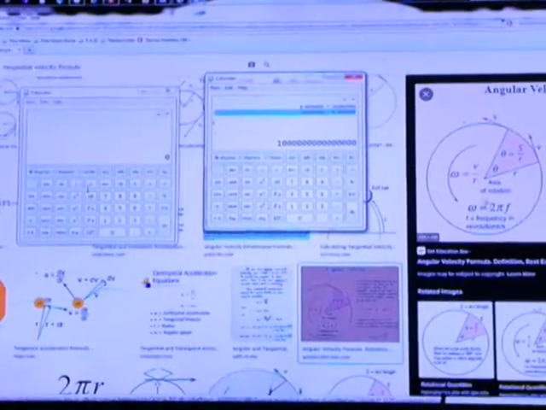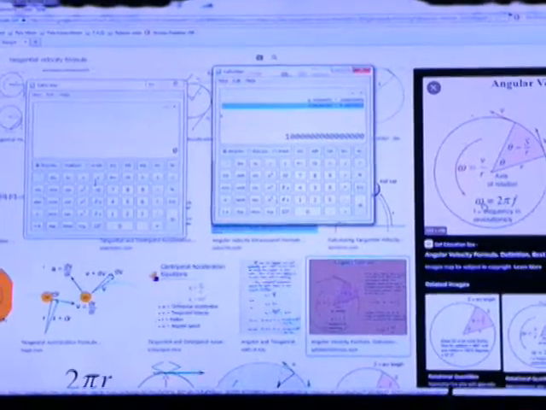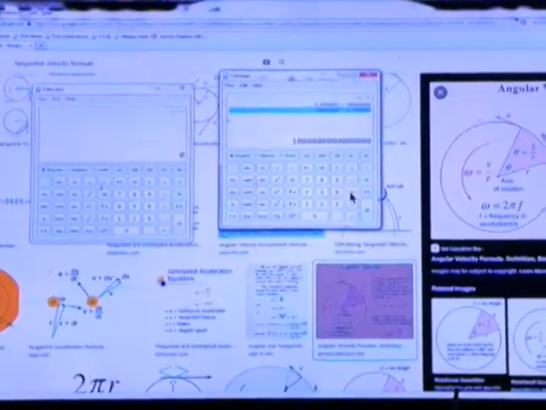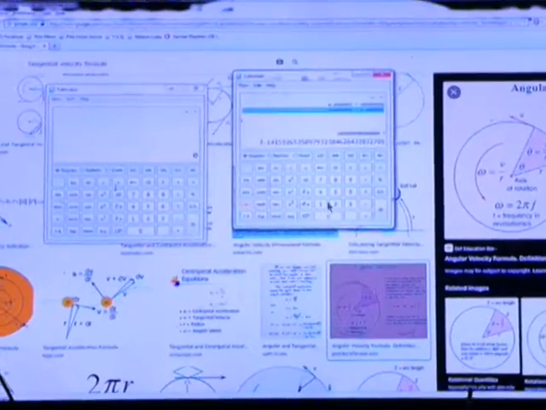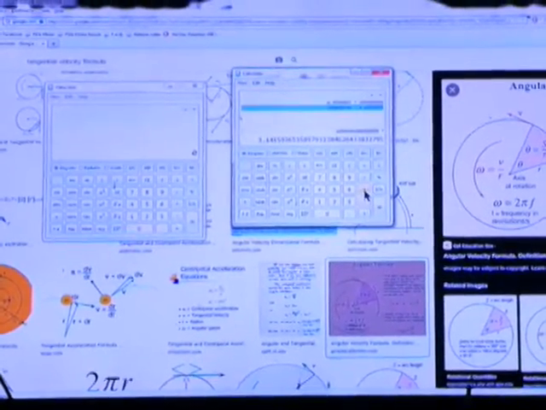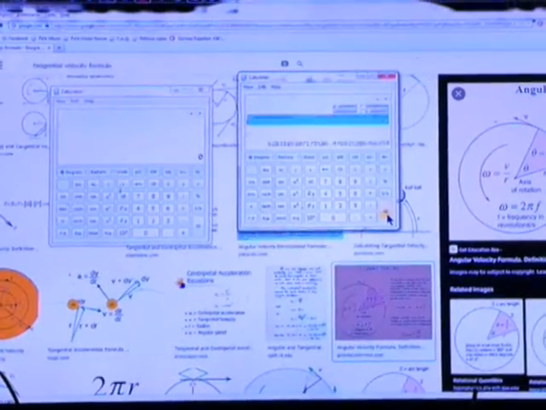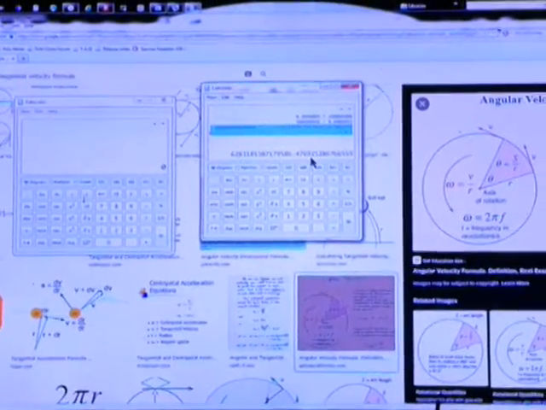And according to these formulas over here, we take frequency, times it by pi, times it by 2. We should have the angular velocity of 300 nanometers. Okay, which is that.